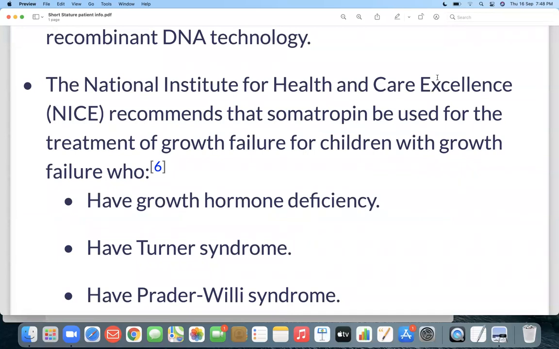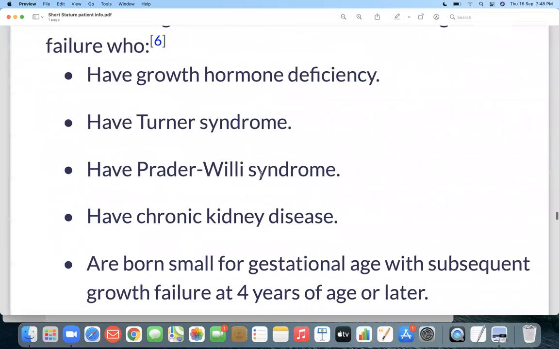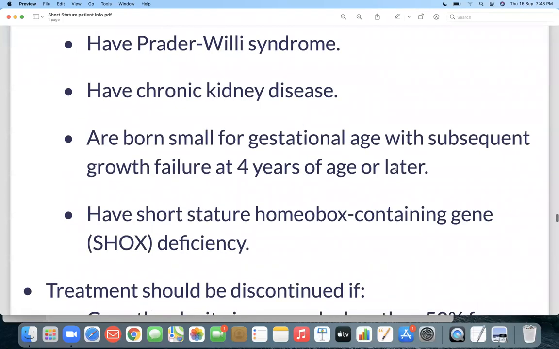NICE recommends the somatotropin to be used for treatment of growth failure in children who have growth hormone deficiency, then Turner syndrome, Prader-Willi syndrome, and chronic kidney disease. Born small for gestational age with subsequent growth failure at 4 years of age or later.